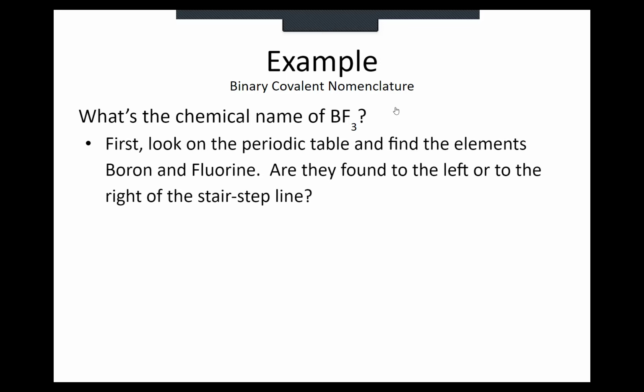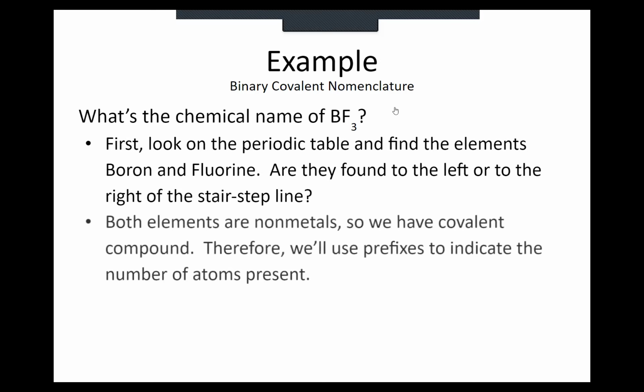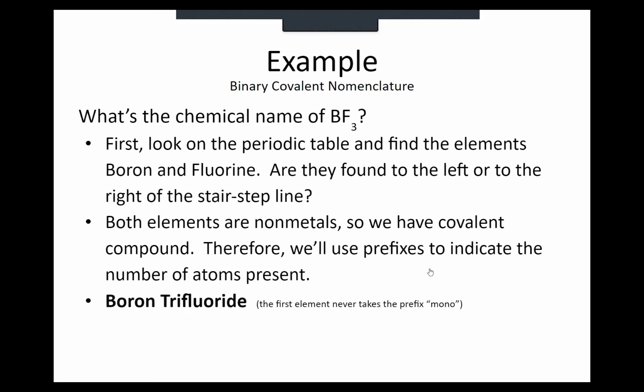So find the elements in the formula. Ask yourself, are they to the left or to the right of the stair-step line? In this case, both elements are nonmetal. So we've got a covalent compound, and we'll follow the covalent compound nomenclature rules. That means we're going to use prefixes to indicate the number of atoms present. In this case, there's one boron and there's three fluorines.